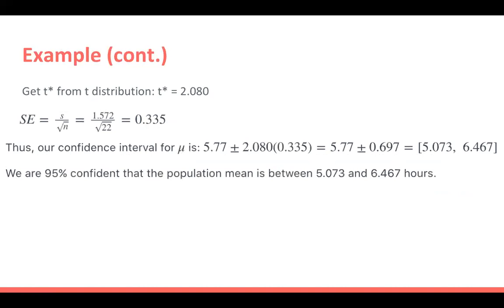We multiply the t star and the standard error to get our margin of error of 0.697. Then we add and subtract that to 5.77, and we get a confidence interval of 5.073 to 6.467. So we can say that we are 95% confident that the population mean is between 5.073 and 6.467 hours.